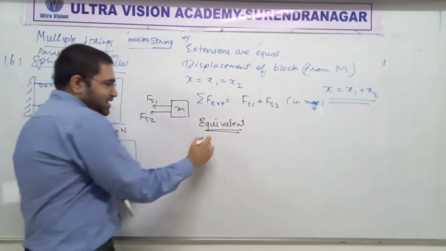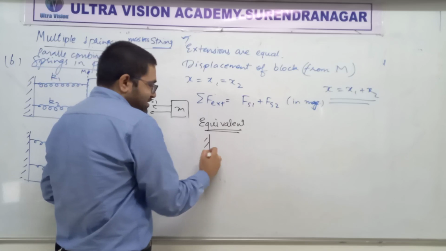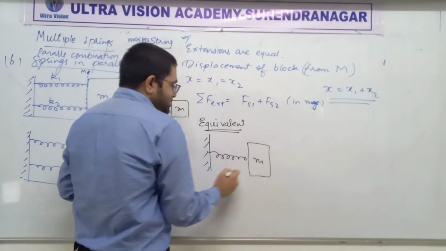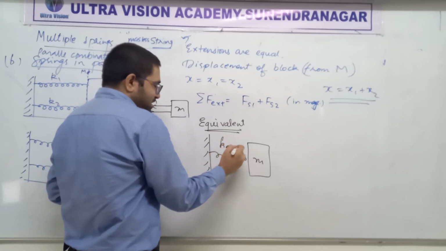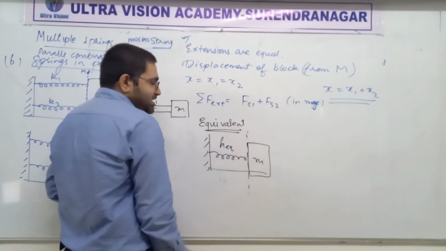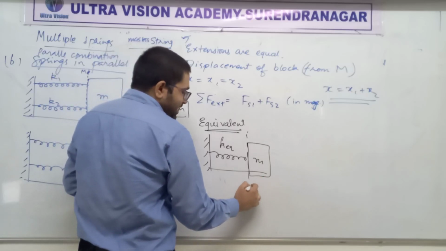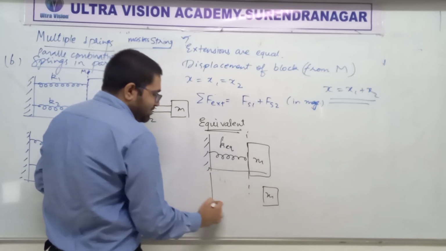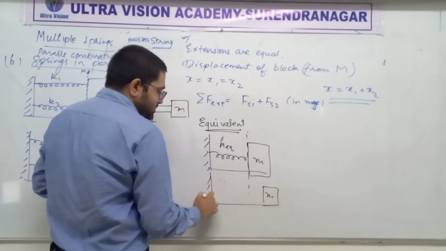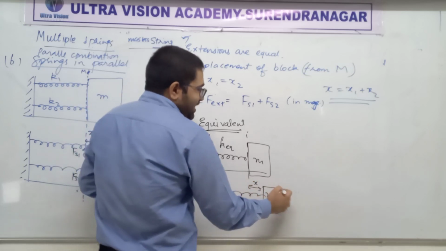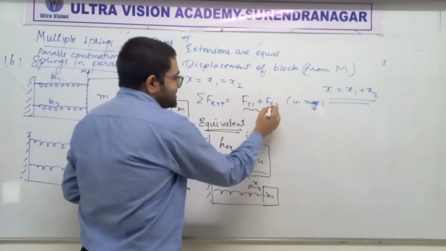So there is only one spring and the block M is attached, and this will have spring constant K equivalent. When you displace it by some distance x, the force acting will be the same as this.